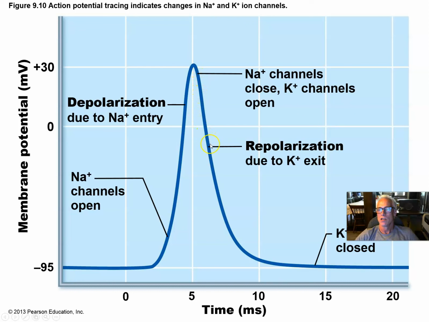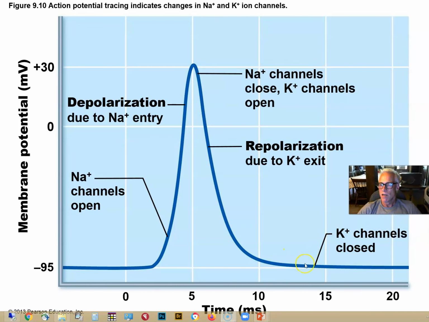And as positive charges are leaving the cell membrane, the membrane starts getting more and more negatively charged, repolarizing the membrane until we get back to rest. And eventually the potassium channels close, the sodium channels reset themselves, and we can do it again. And every time there's an action potential, if it's a neuron, more calcium ions rush into the terminal. If it's a muscle cell, this wave of depolarization will spread along the membrane. So that's just looking at one spot as this dynamic sequence of events passes by our viewing point.